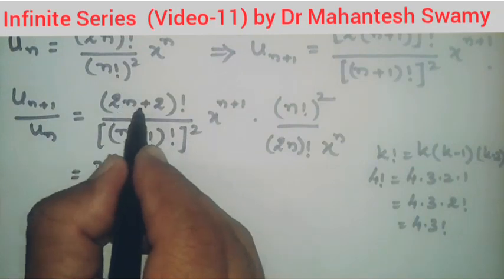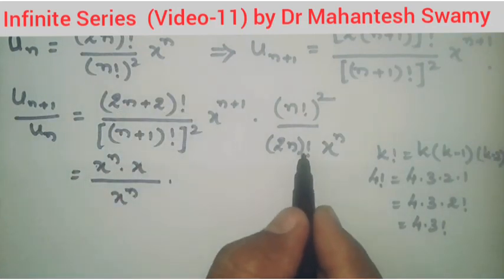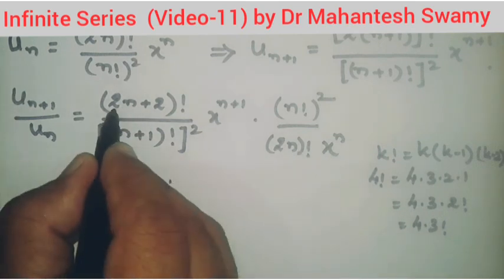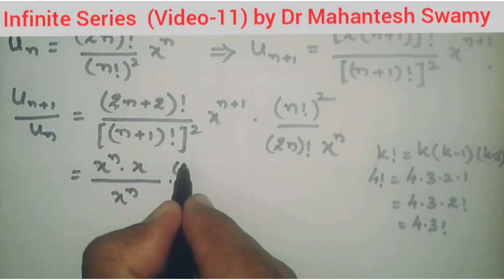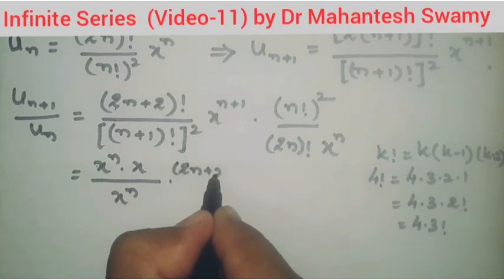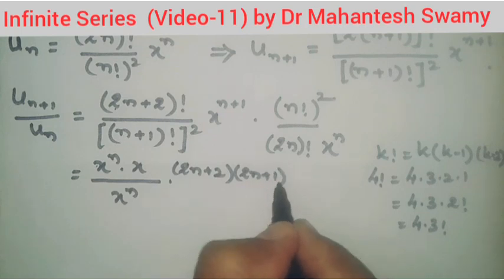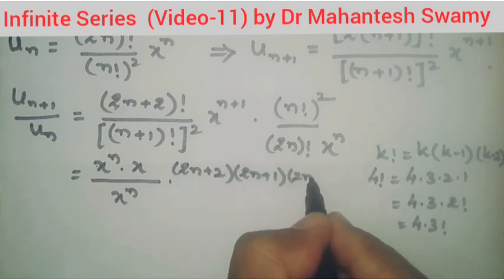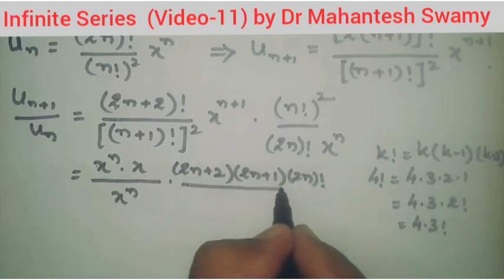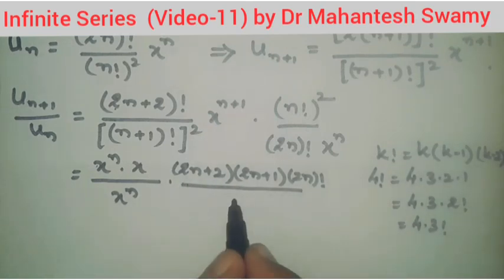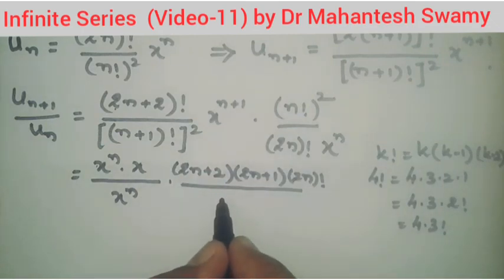So therefore (2n plus 2)!, I want it in the form of (2n)! at the end. Therefore (2n plus 2)!, I want to write it as 2n plus 2 as it is, 1 less, that is 2n plus 1, 1 less, that is (2n)!. I have used this property, divided by (2n)!.